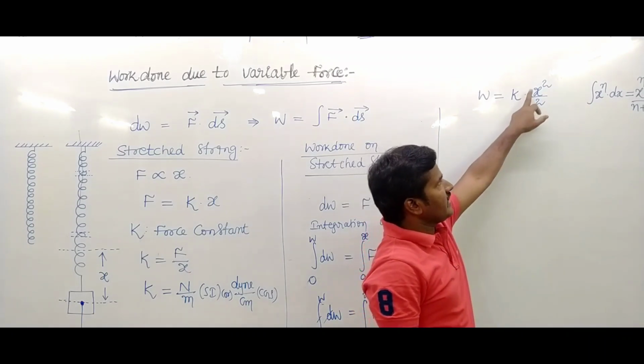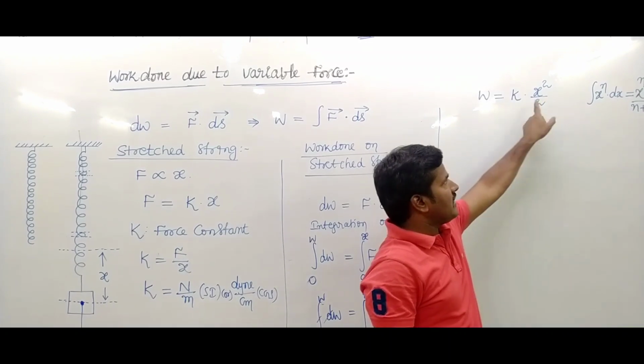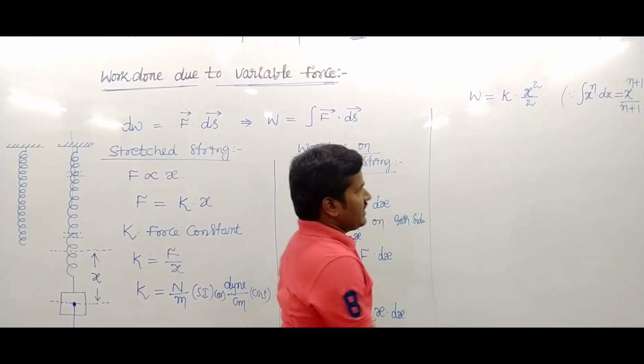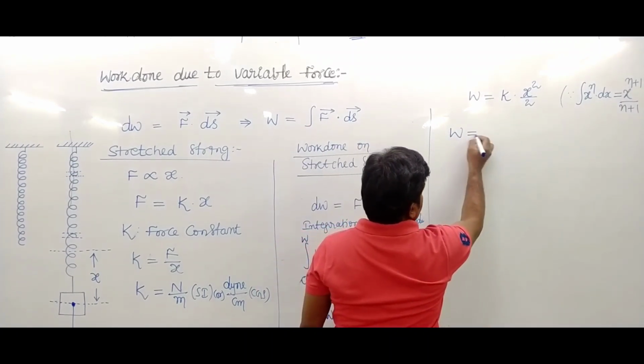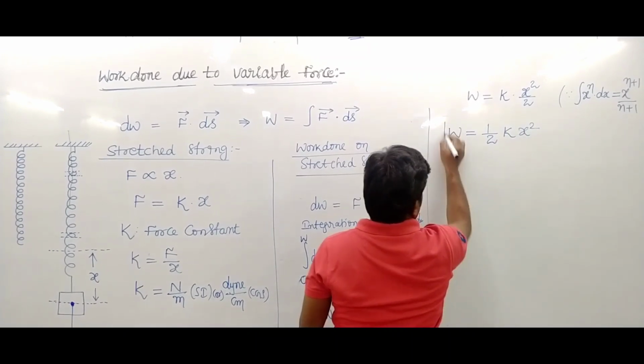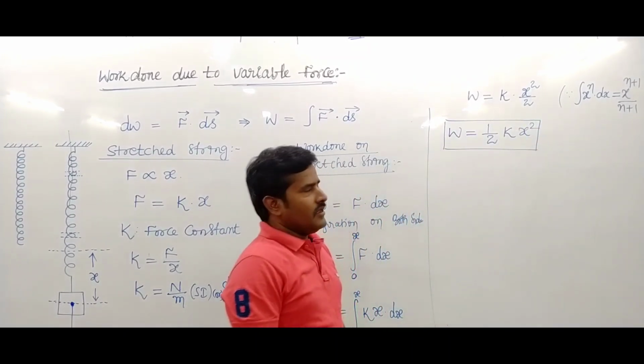So the integration of x power 1 is x power 1 plus 1 by 1 plus 1, which is nothing but x power 2 upon 2. The work done is W equals half k x square.